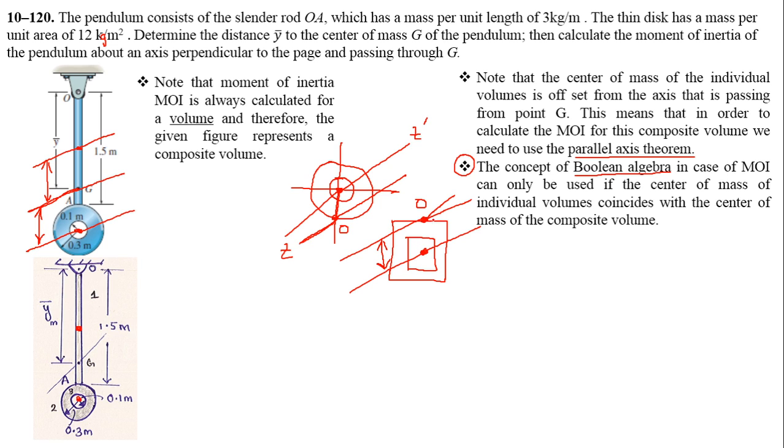These 2 points you have to remember, they are the same as we noticed in the previous problem as well. First of all, we have to calculate the center of mass of this given body, because without calculating the center of mass, we cannot calculate the moment of inertia. We require this value y dash.